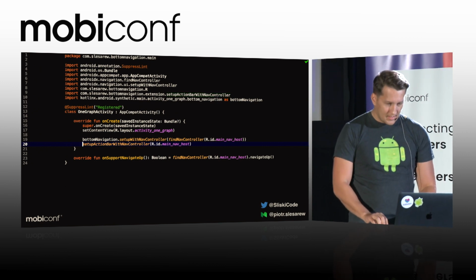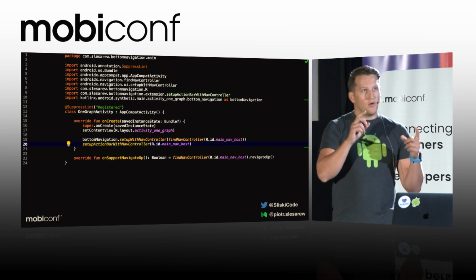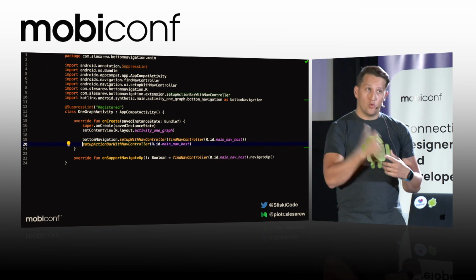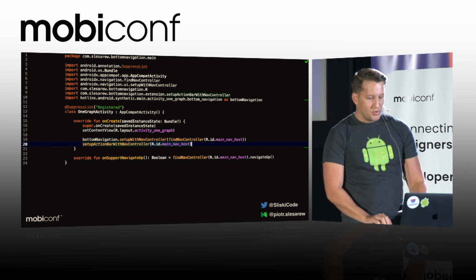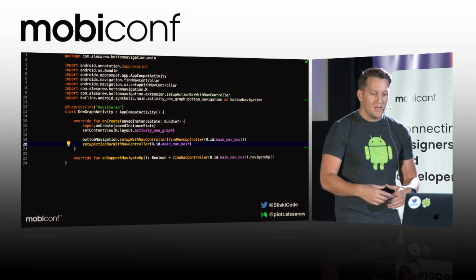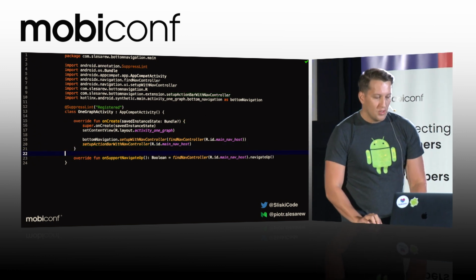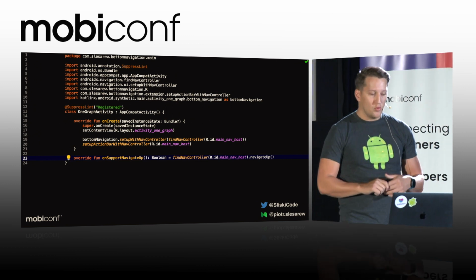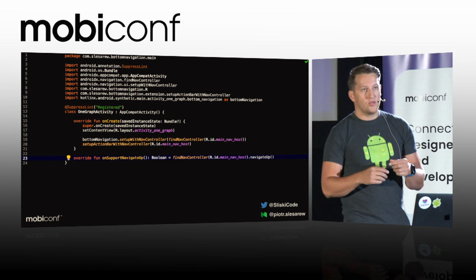Amazing. Also, to have all the titles handled properly with your toolbar or action bar, you have to set up action bar with navigation controller. And to maintain your backstack properly, you have to override onSupportNavigateUp.